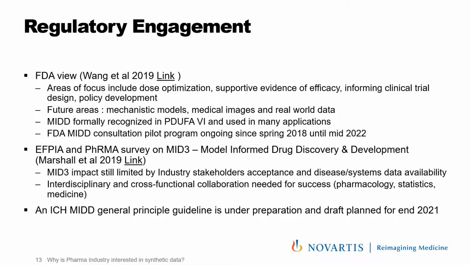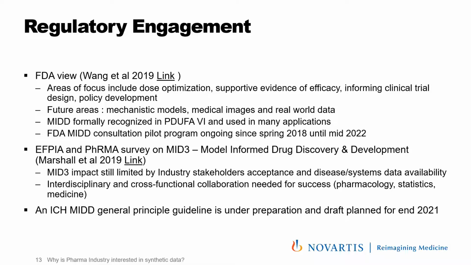Then there's also been a survey by HIPAA and pharma on model-informed drug discovery and development. There they indicate that the impact of this is still limited by the acceptance of stakeholders and data availability.